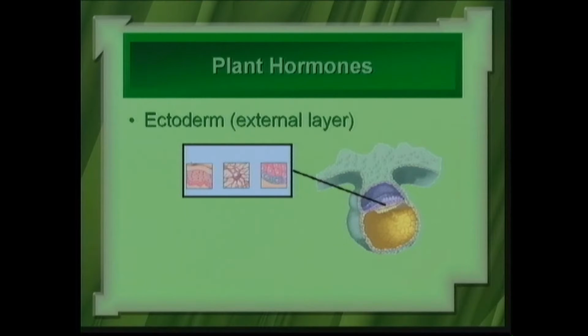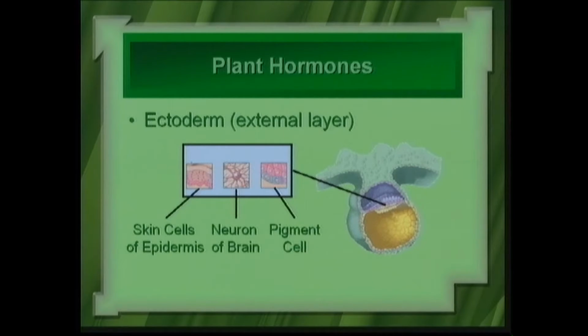You have an external layer, and then you'll have different kinds of cells developing from that. Here we see that this generalized cell type from the ectoderm is going to develop into different types of cells, whether it's a neuron, epithelial cells, or other cells like that.